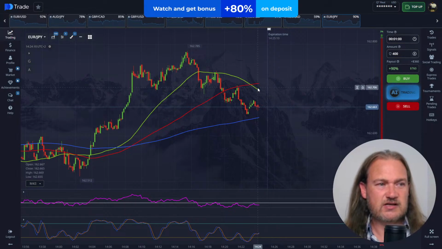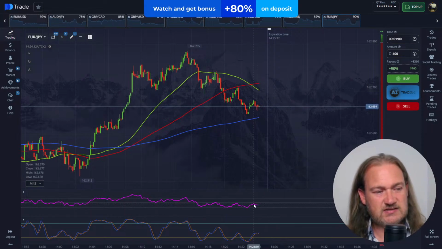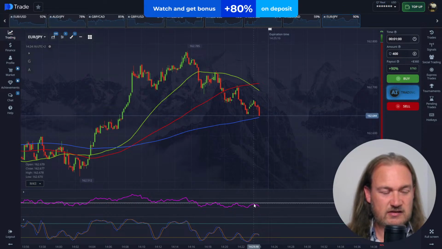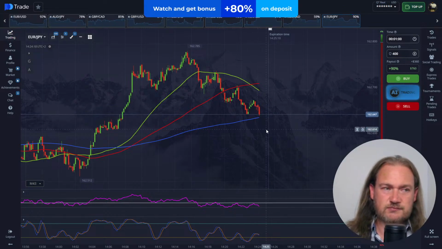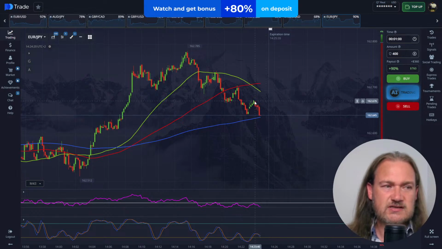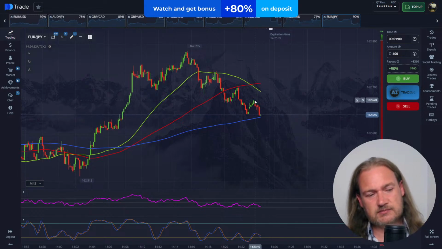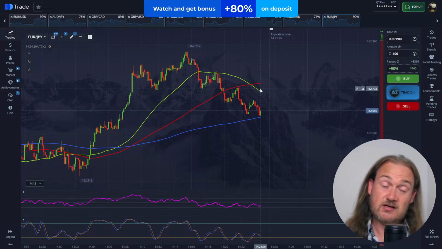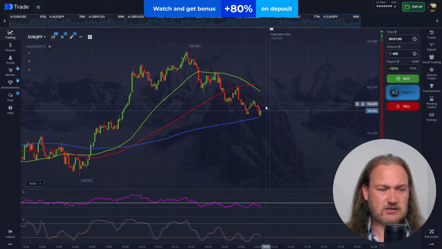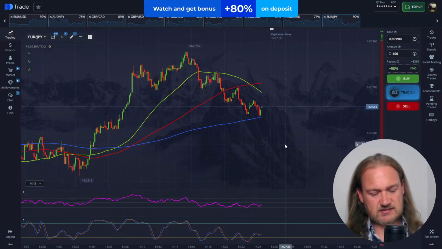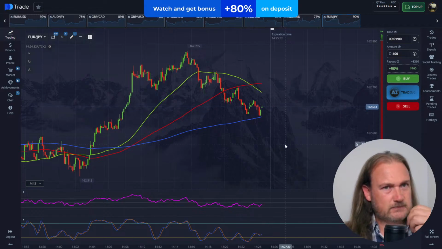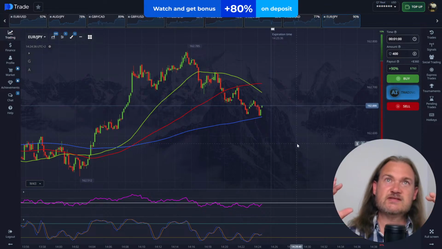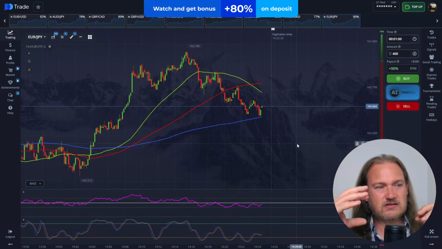Price didn't get really close to the moving average here, but we can see that it almost tapped the RSI there and is continuing down. Personally, I don't like taking trades with the strategy if it's not really close to a moving average, because support and resistance areas kind of act like magnets.